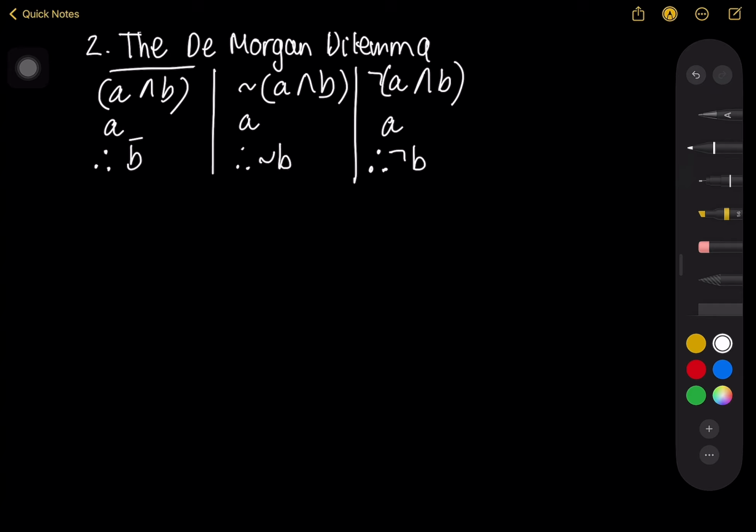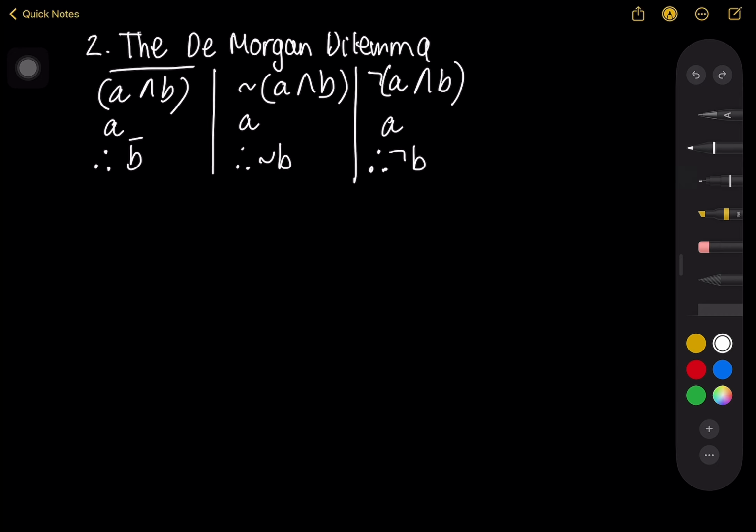Our second premise is A, therefore our conclusion is not B. Okay, you can write the negation in three different ways like this. I prefer the first one here, so I'm going to write up this one.